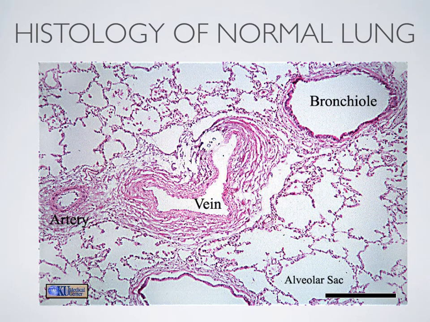So let's look at this on histology. All of this space here is air. This is a very thin cross-section slice through a normal lung, probably out by the periphery because you don't see any big vessels or bronchi.